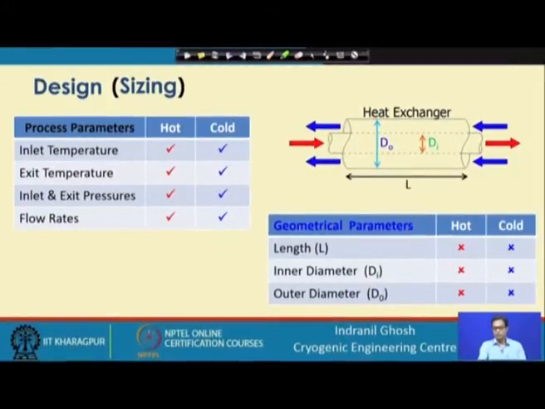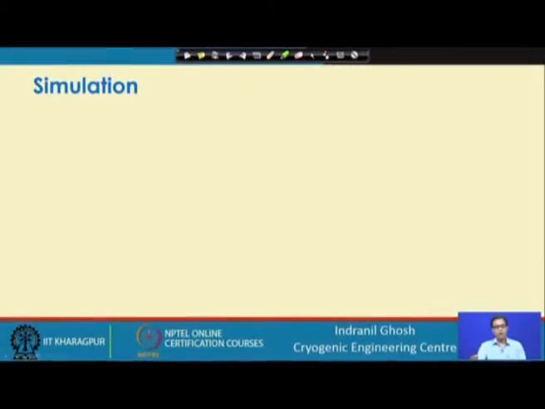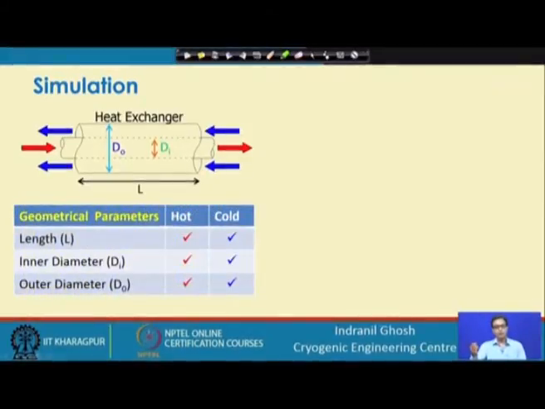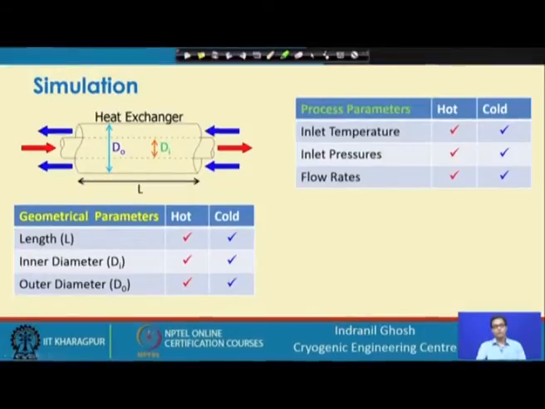Now, in contrast to design, we often try to solve the simulation problem. What is simulation? If we take the same counter current heat exchanger example, in this case we know all the geometrical parameters like the length of the exchanger and the outer or inner diameter. In addition to that, we also know some of the process parameters like the inlet fluid temperatures and the flow rates.